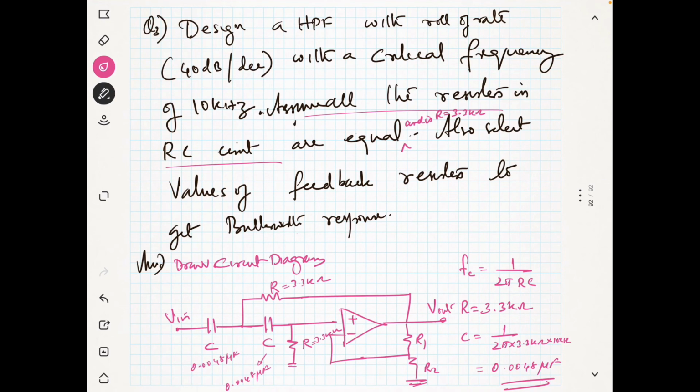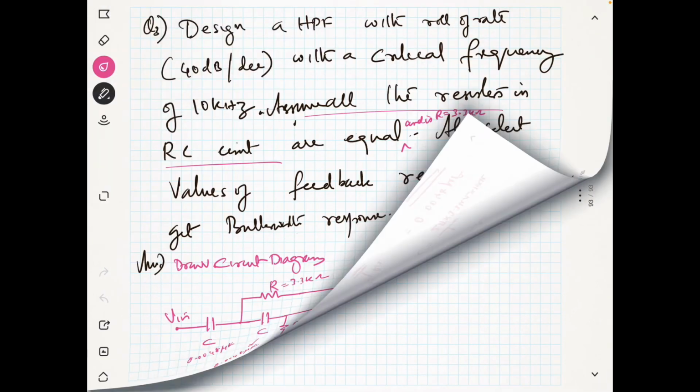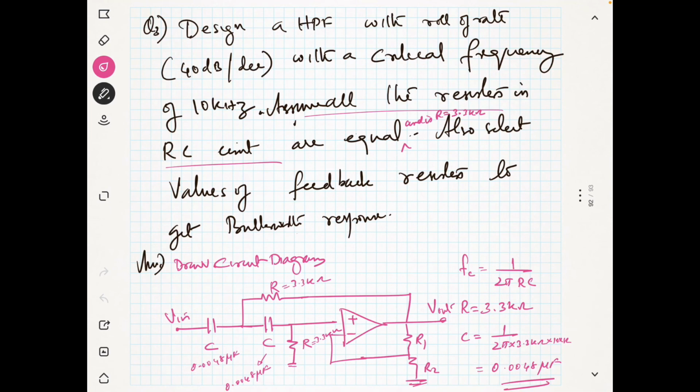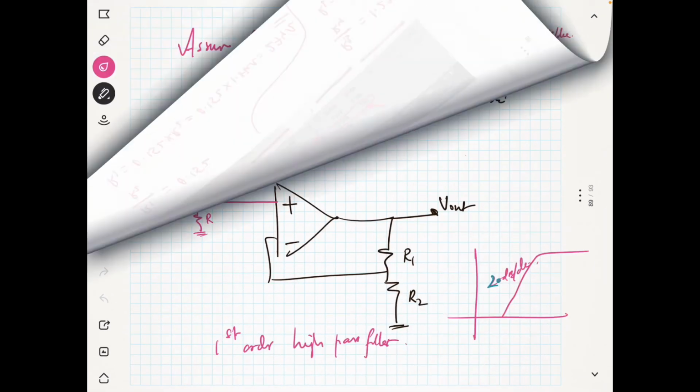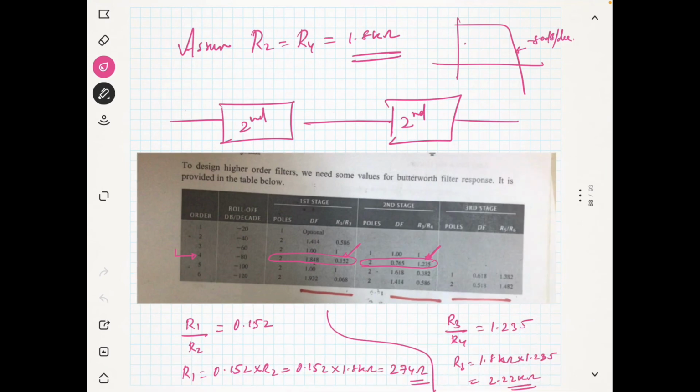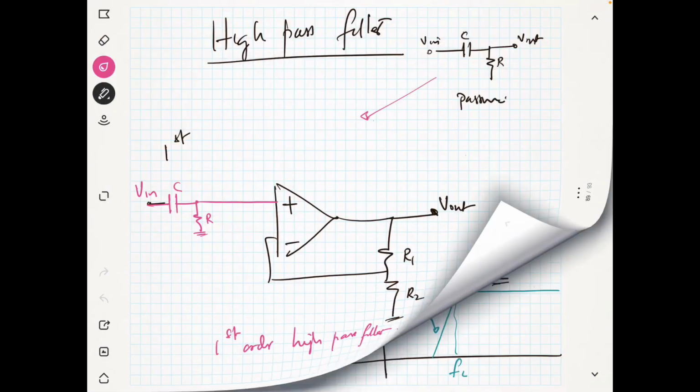So you got all the values, but you have to find R1 and R2. For finding R1 and R2, we have the table from the previous problem. You will use the same table. It's a second order response, so for the second order response, the table gives you R1 by R2 as 0.586.